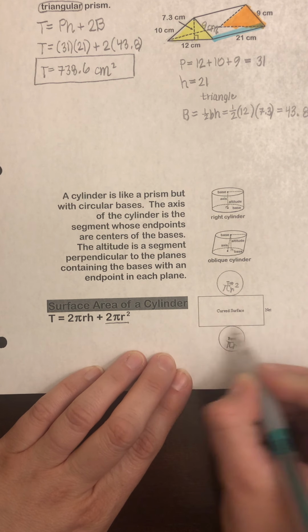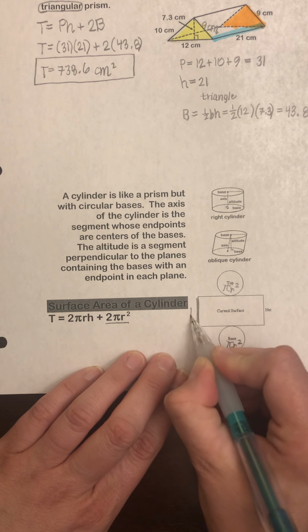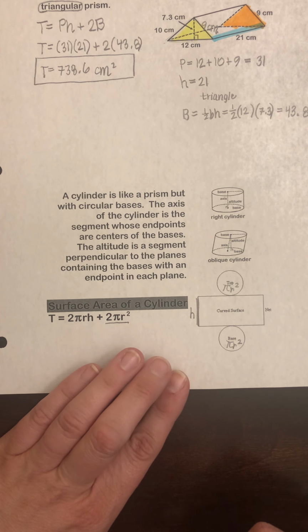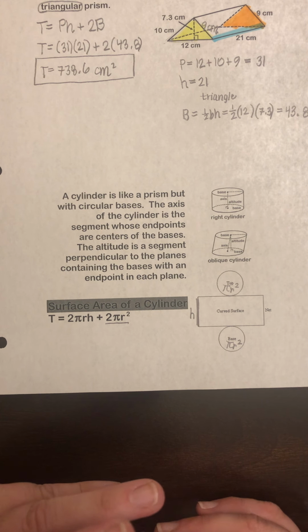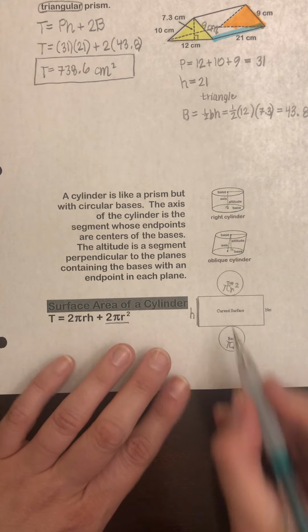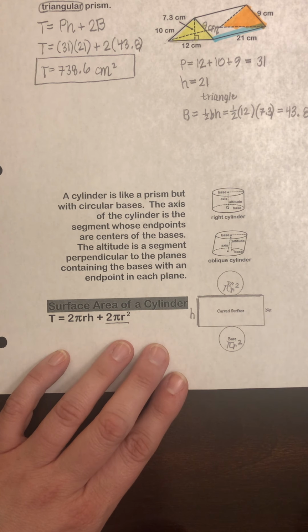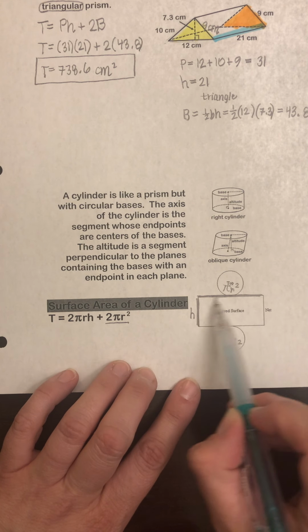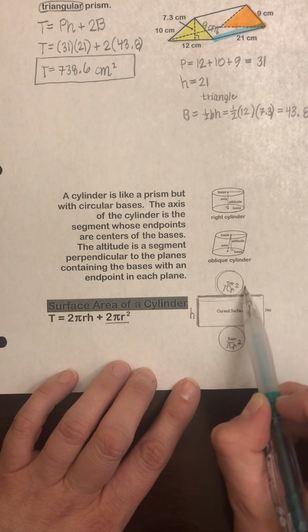In the rectangle, this part right here would be the height of your cylinder, how high it is, the distance from circle to circle, from base to base. But what does this piece right here represent? This is what would curve around the circle.